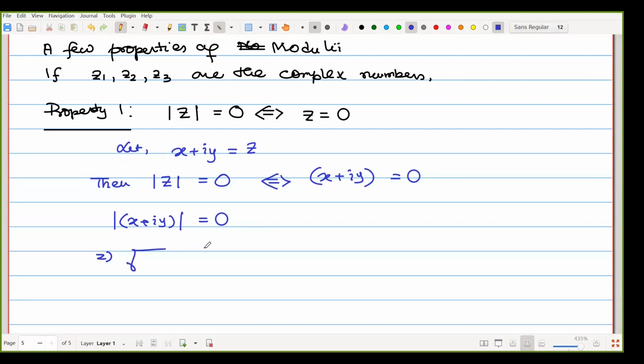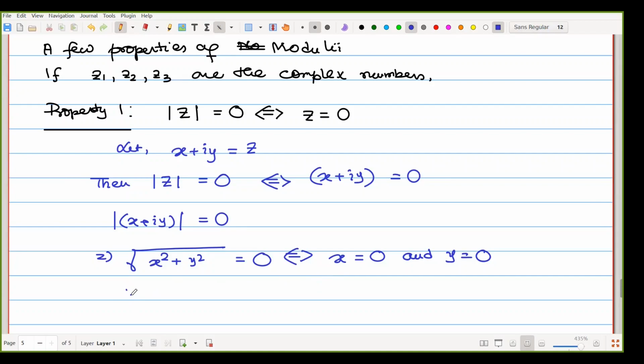Writing that, x square plus y square is equal to 0, which is only possible if we have x equal to 0 and y equal to 0.